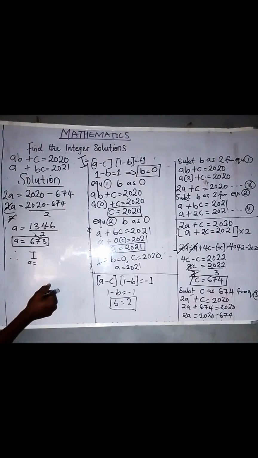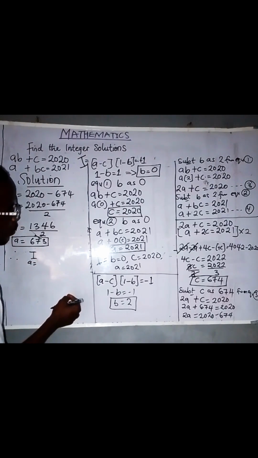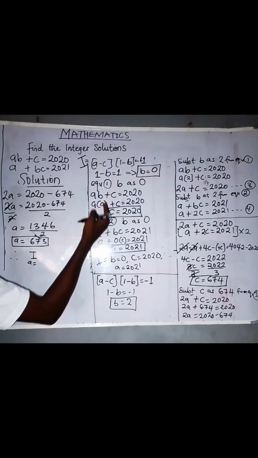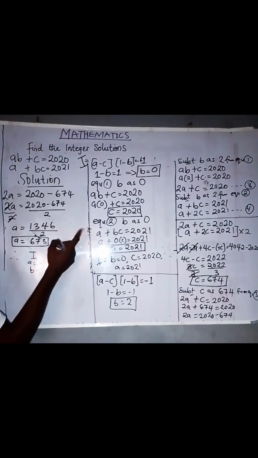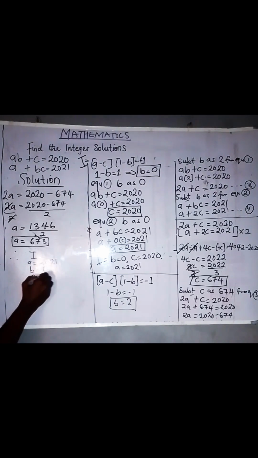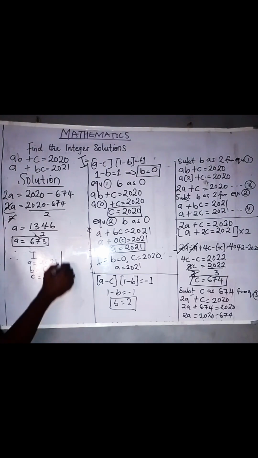So therefore, for the first integral, I got my A as 2021, my B as 0, and my C as 2020. This is my first integral.